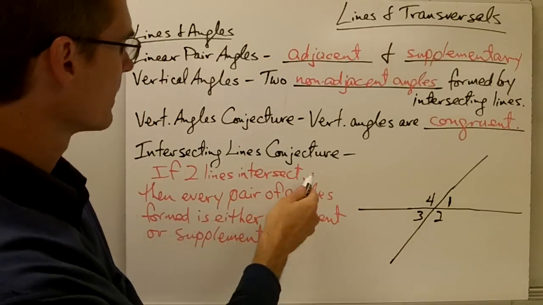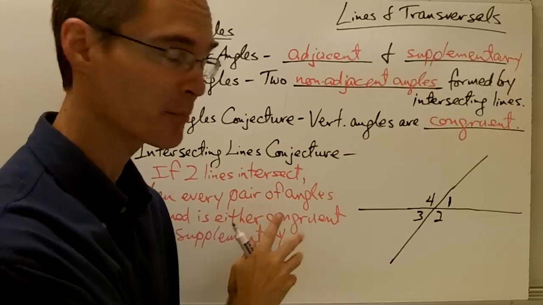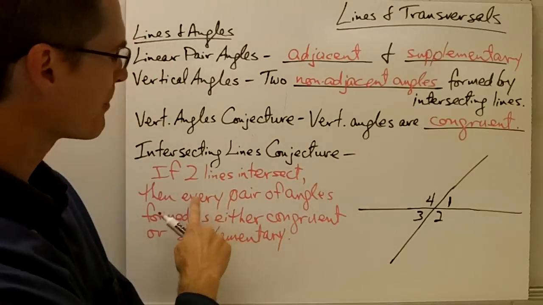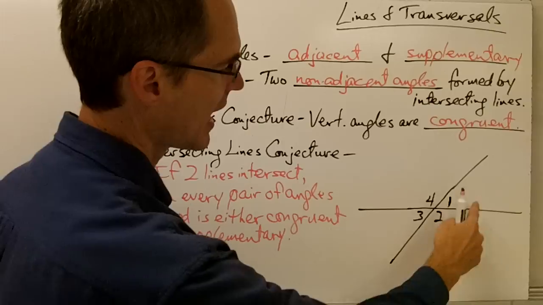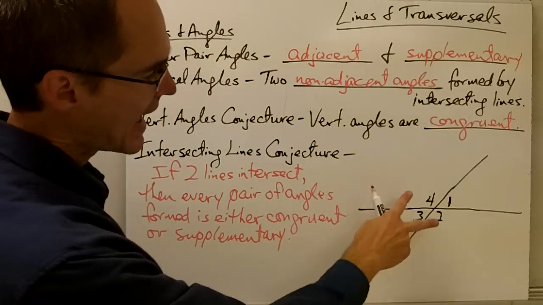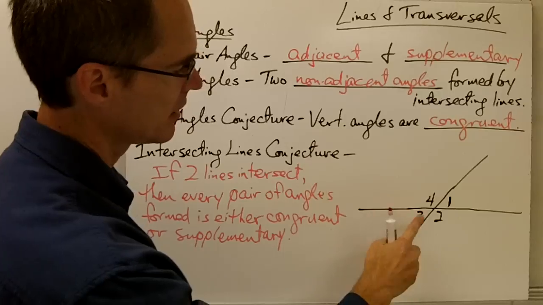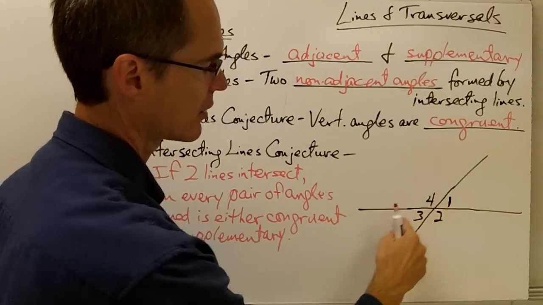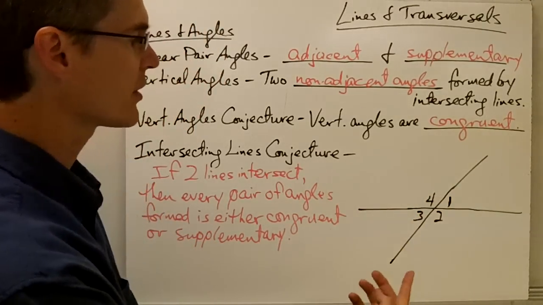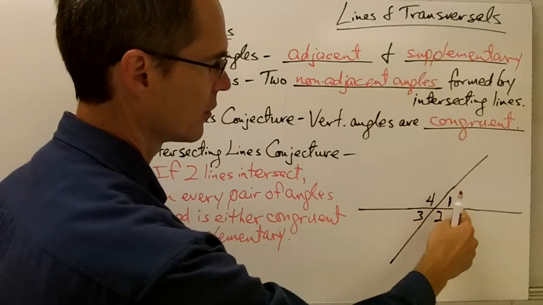Now, the reason I'm pretty sure that this statement is true, notice I haven't proved it, it's just a conjecture, is that if I have two intersecting lines here, I've got these four angles. Any pair of angles that I choose is either going to be vertical angles, like for example, angle 2 and 4 are vertical angles, and angle 1 and 3 are vertical angles, or they're going to be a linear pair of angles, like 3 and 4, 1 and 4, 1 and 2.